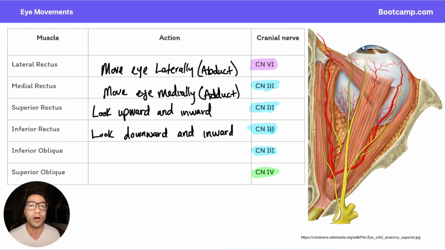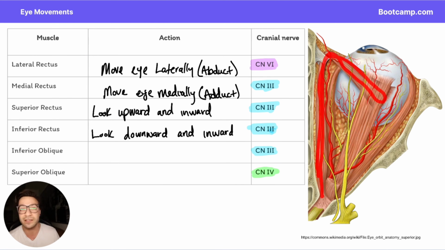Next up, we have our inferior oblique and our superior oblique muscle. So if you remember, our inferior oblique, that again is going to be controlled by that cranial nerve 3, the oculomotor nerve, and our trochlear nerve is going to be controlling the superior oblique muscle. So again, looking at this diagram, here's that superior oblique muscle.